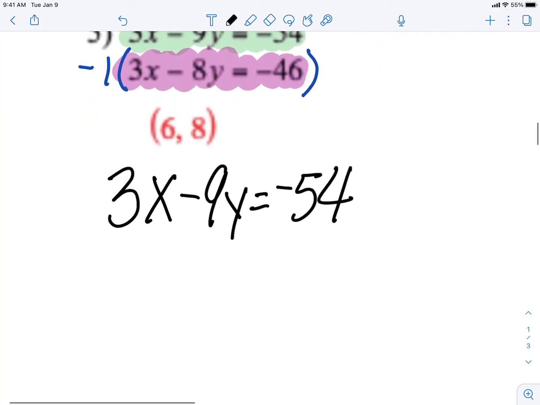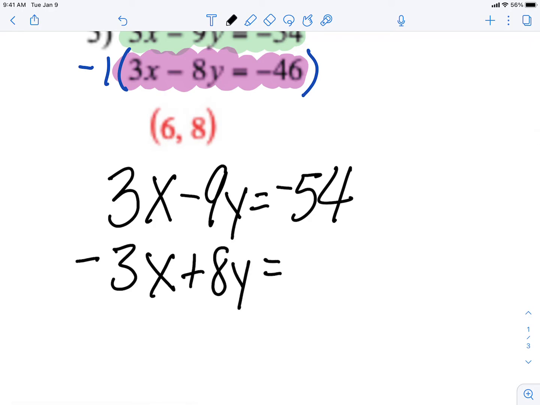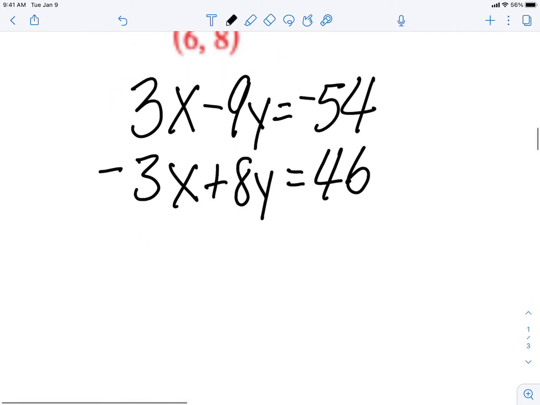The bottom one, though: negative 1 times 3x is negative 3x. Negative 1 times negative 8y is a positive 8y. And negative 1 times negative 46 is a positive 46.